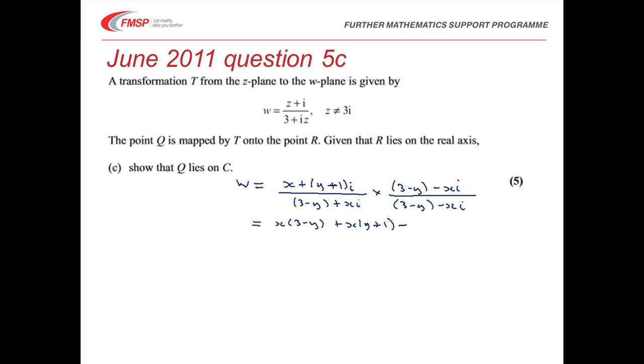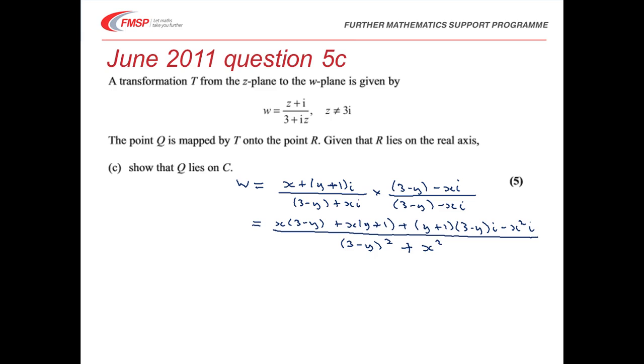Then we have (y plus 1)(3 minus y) i, and a minus x squared i, and all that is divided by the denominator, which is (3 minus y) squared, and then minus x squared i squared. That's minus x squared, and i squared is of course minus 1, so this negative becomes a plus.